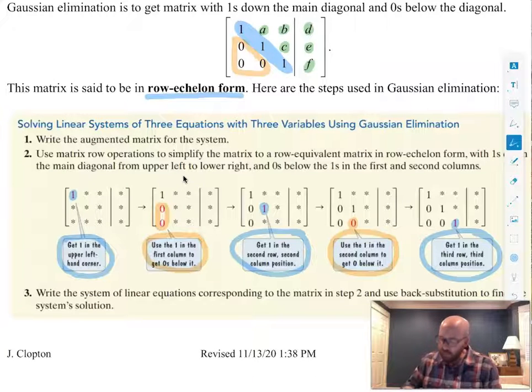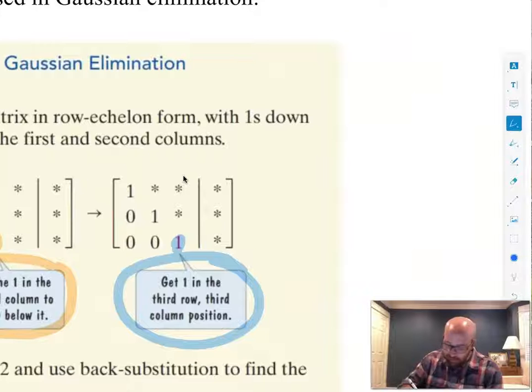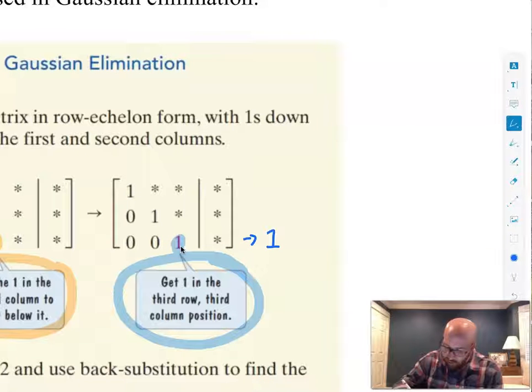Once we get it to this form, the nice thing is we can start solving. We're going to immediately be able to start saying things like this. Since this 1 represents the coefficient of our z, we can say that 1z is equal to, let's call this D, E, F, 1z is equal to f, or just z is equal to f.